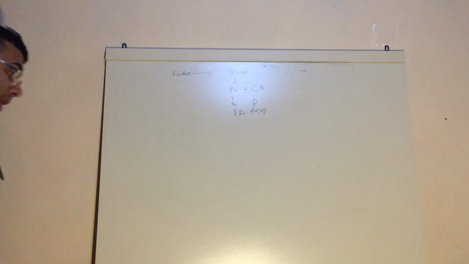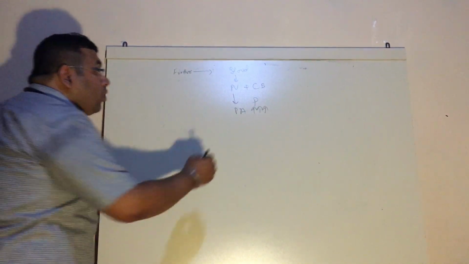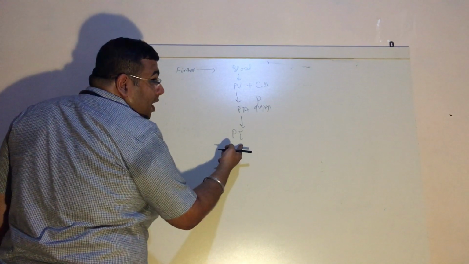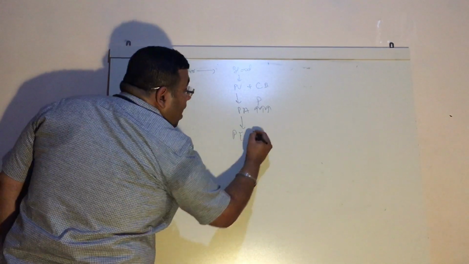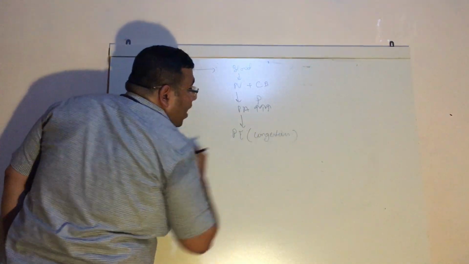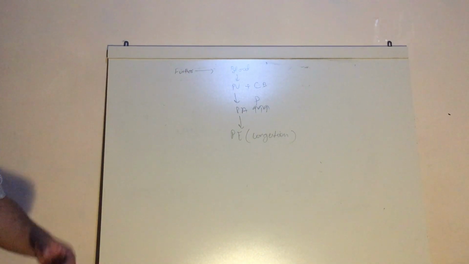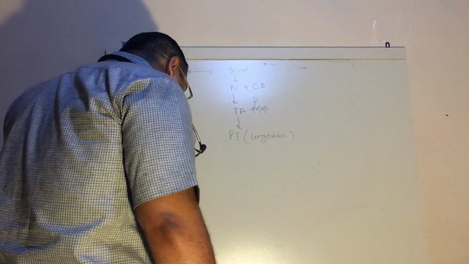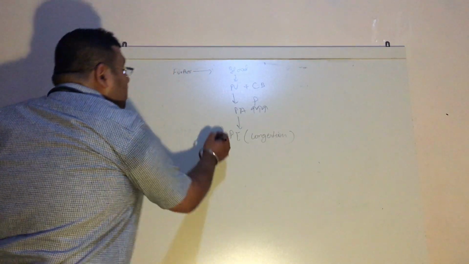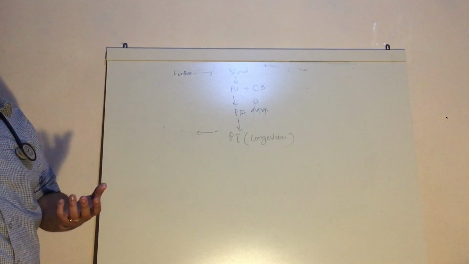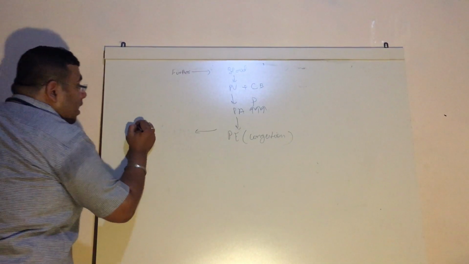That would increase the pressure in the pulmonary arteries, and that would lead to the pulmonary edema. This is not pulmonary embolism, this is pulmonary edema, and that is what is known as congestion, right? And that's why we call it congestive heart failure.